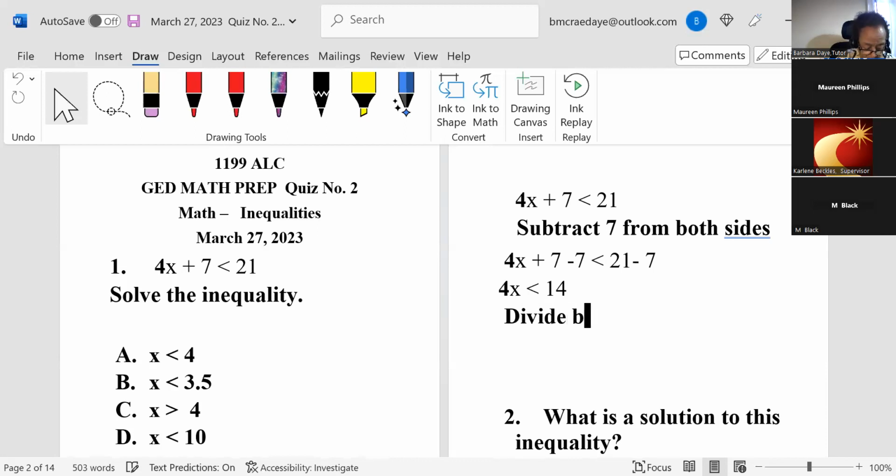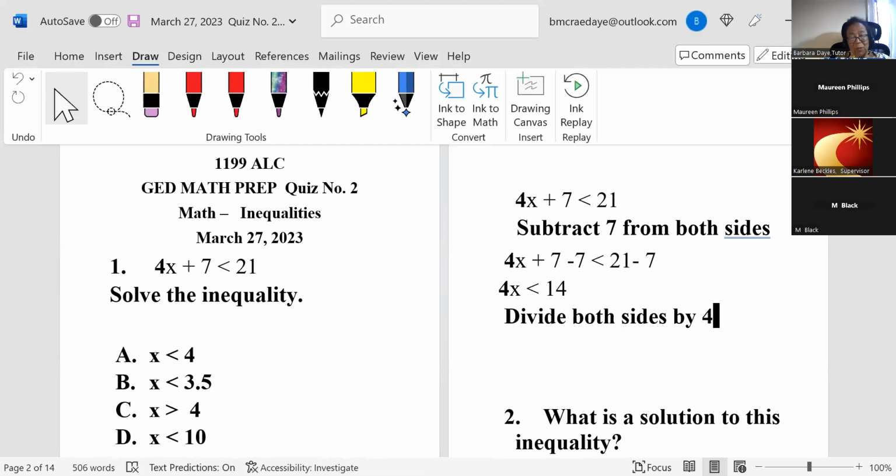Remember, you keep this inequality balanced just like you do an equation, on both sides. Both sides, yes, by 4.